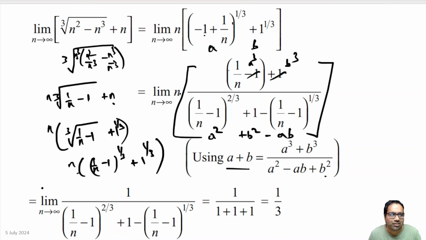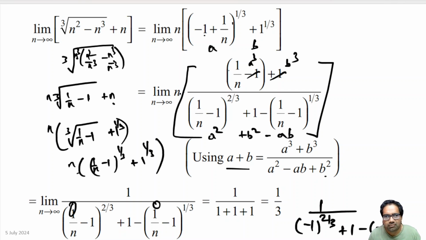As n tends to infinity, we wanted to convert this into 1 by n format, and we have successfully converted. Now this part will become 0, this part will become 0. We will be left with 1 by (minus 1) whole power 2 by 3 plus 1, and minus of (minus 1) whole power 1 by 3.